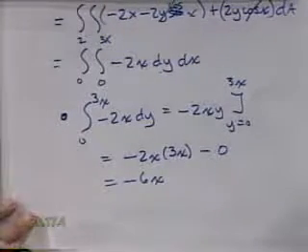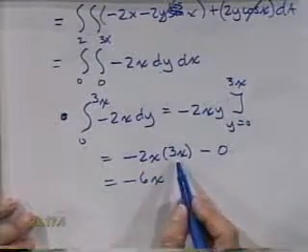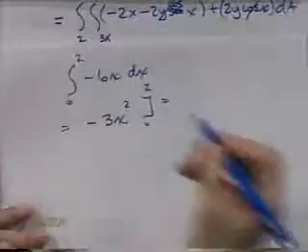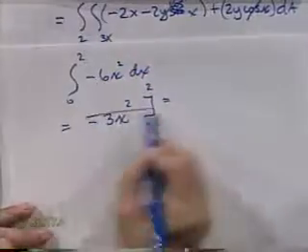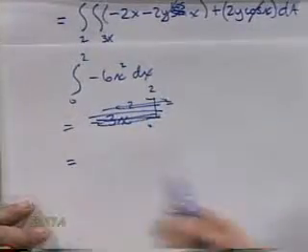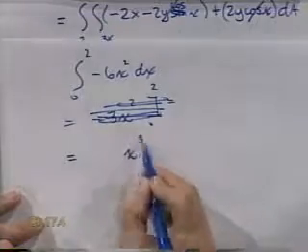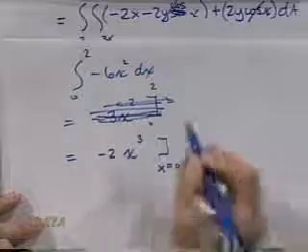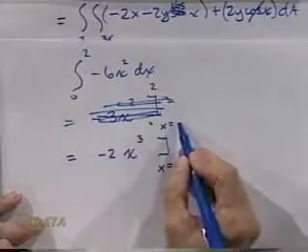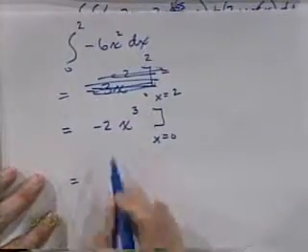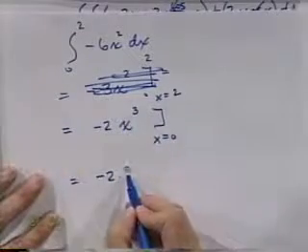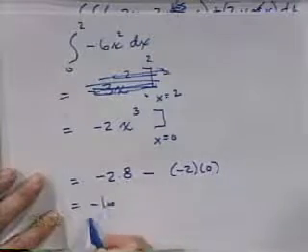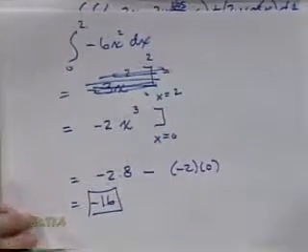Where's my mistake? 2x times 3x is 6x squared. And so we're going to go 6x squared here. And this will give me x cubed, and divide by the 3 gives me a negative 2. And we're going from x equals 0 to x equals 2. And that gives me a negative 2 times 2 cubed, which is 8, minus a negative 2 times 0. And we get a minus 16. Okay, everybody okay?